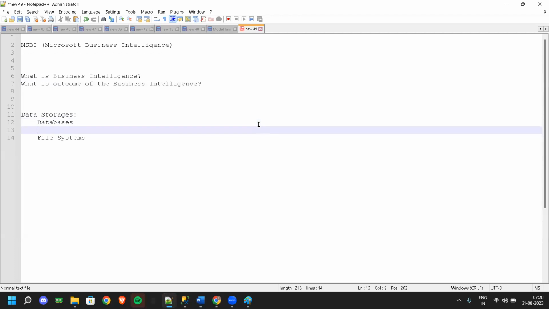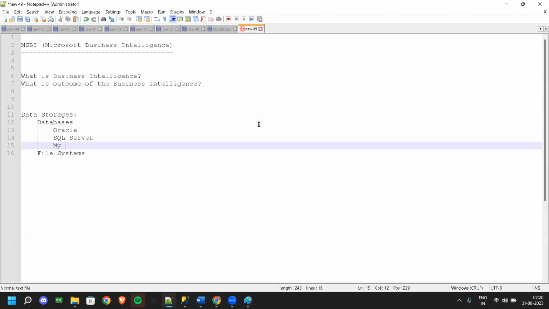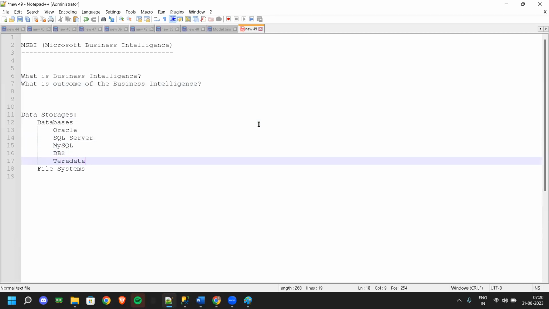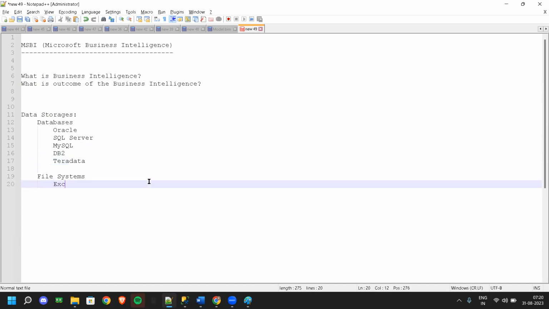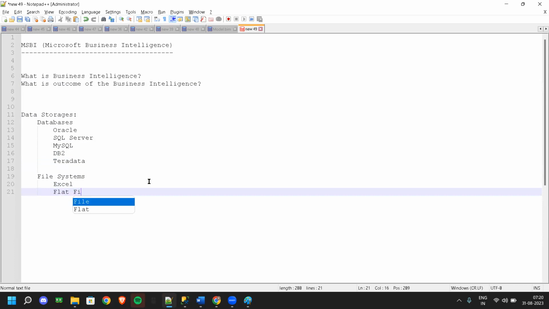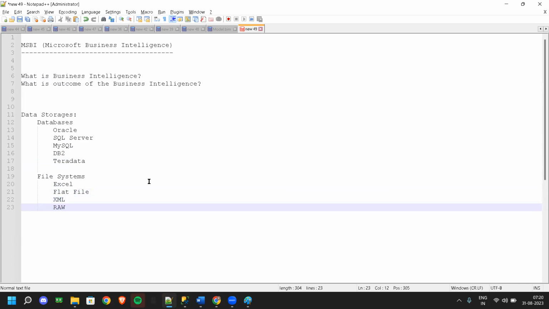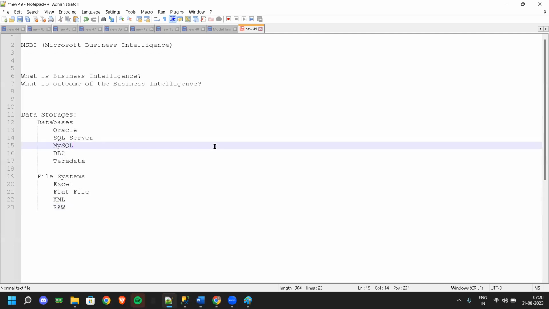When I say database: Oracle, SQL Server, MySQL, DB2, Teradata, so many. And file systems are Excel, flat file, XML, raw files, and we have so many files available. But these are the most frequently used file systems and databases.